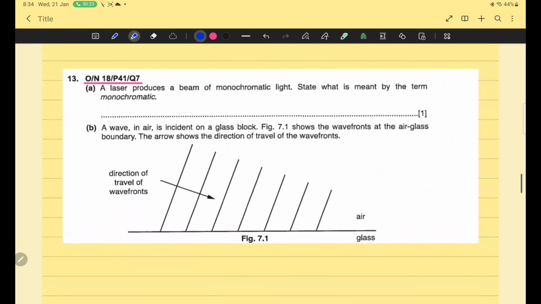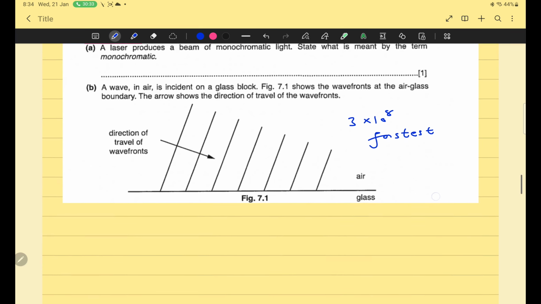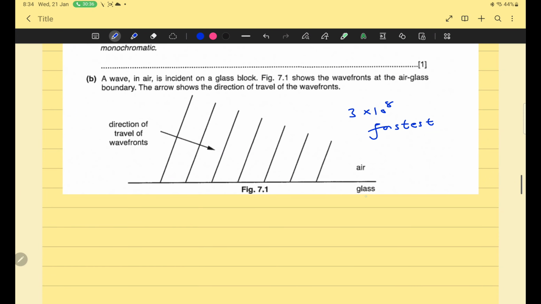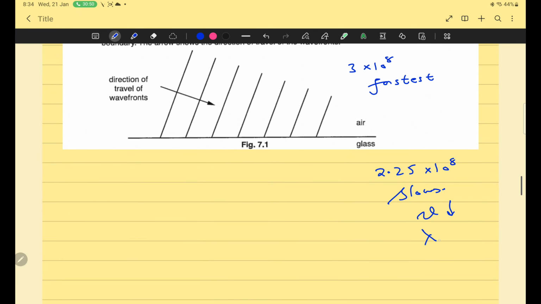Everyone knows the speed of light in air is fastest, and when light enters into glass, obviously it slows down, and I think its speed slows to 2.25 exponent 8. If speed slows down, then obviously the wavelength will decrease.